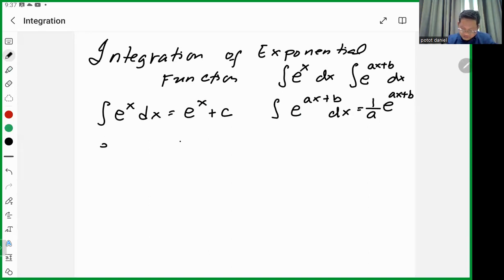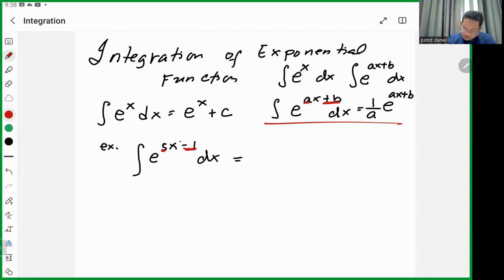For example, let's say that you have the integral of e to the 5x minus 1 with respect to x. From here, we're going to use formula number 2. The a is 5 and the b is negative 1.